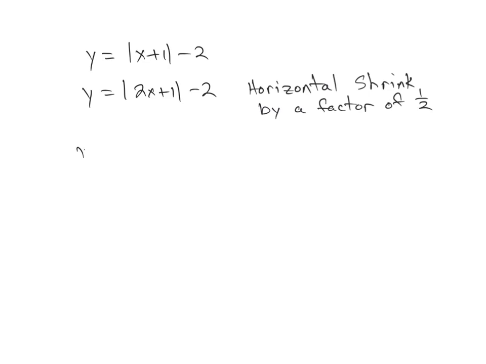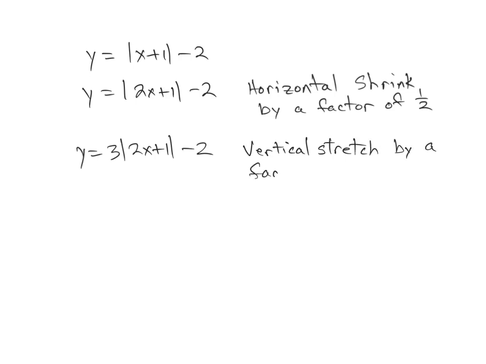So the next one is y equals 3 times absolute value of 2x plus 1 minus 2. So the 3 would be a vertical stretch by a factor of 3. Exactly what you think it is. If it's on the outside, it's a vertical movement, exactly what you think it's going to be. If it's on the inside, it's always going to be opposite.